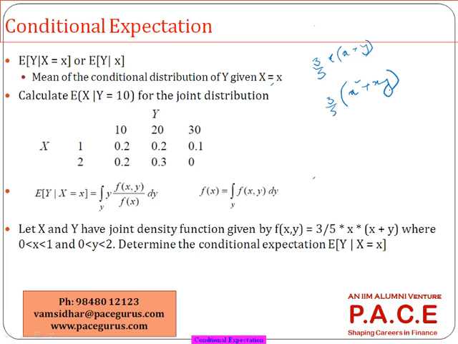Now I need to find out the conditional expectation of y given x equal to x. For that, f of x comma y is available with me already. Now I need to find f of x, which should be in the denominator, which is nothing but the marginal density function.